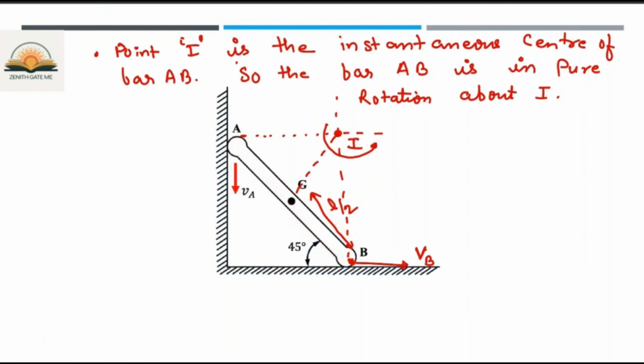Fine. So from the instantaneous center concept, because this is in complete rotation, each and every point we can assume is in the rotation part. So Vg divided by GI is equal to Va divided by AI. From here you will get the value of Vg, because the Va value is already given.